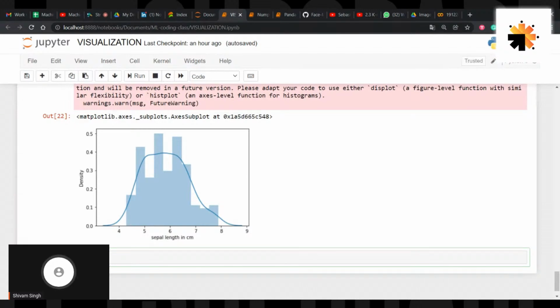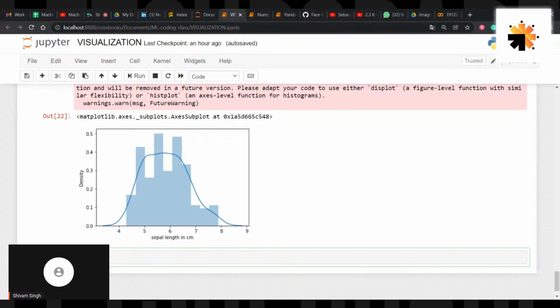Now let's take this same distribution plot and try to analyze something, trying to get some information from the data set itself.